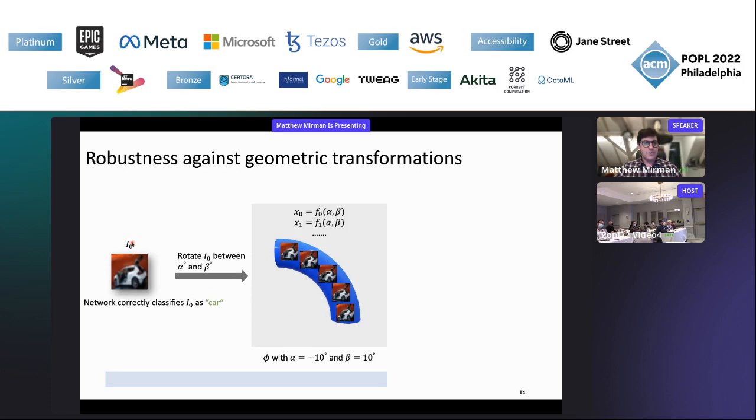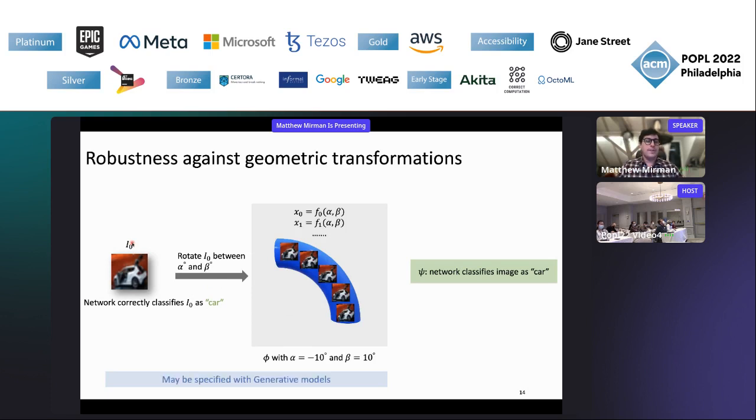And here, rotating an image isn't part of an L-infinity ball, because you could be permuting a few pixels by a lot, but because all of the pixels are changing together, the image still ends up imperceptible. So in this precondition, we specify all possible rotations of the image between -10 degrees and +10 degrees, and our postcondition is the same, that we classify every image in these possible rotations as a car.